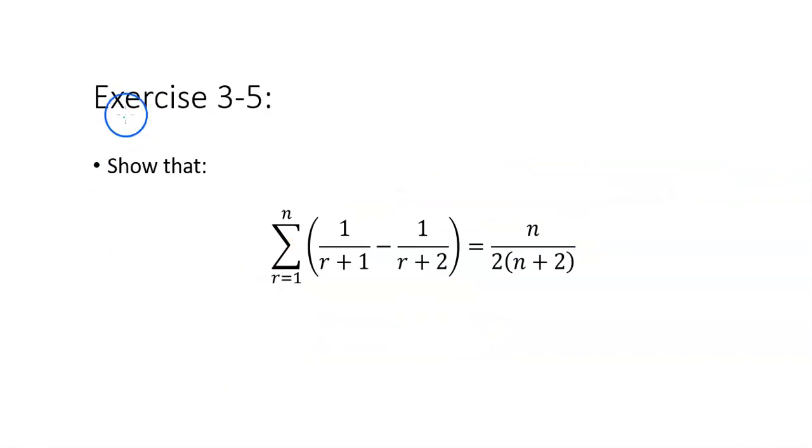Now in exercise 3.5, we're asked to show that the sum from r equals 1 to n of this thing here is equal to this thing here. And what a coincidence, if we take the function f(n) equals 1 divided by n plus 1, then clearly we can write each of these u_r terms as f(r) minus f(r plus 1).